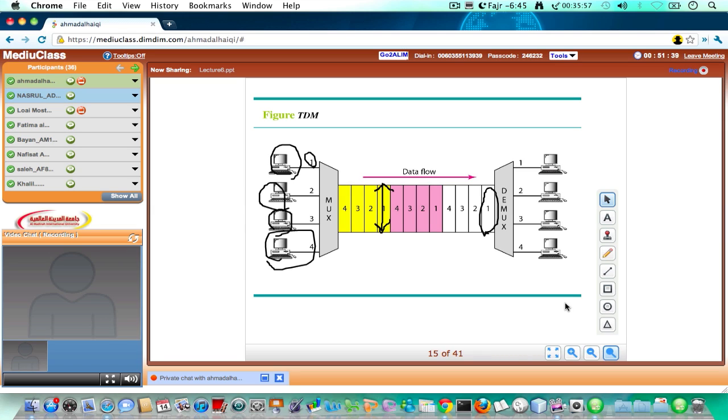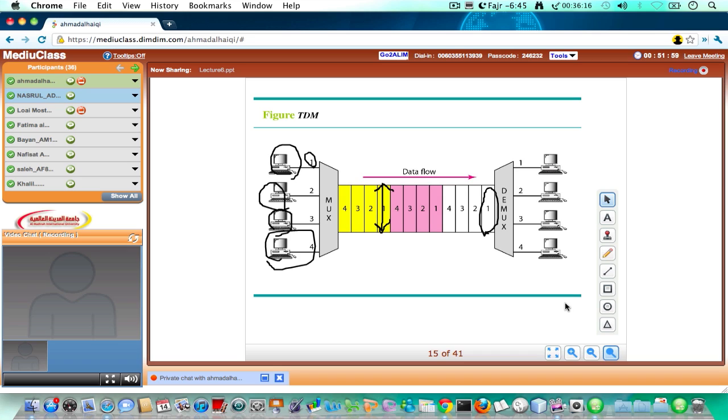So we are multiplexing four input signals by iterating through these four, first taking one input element, they call it one input unit.